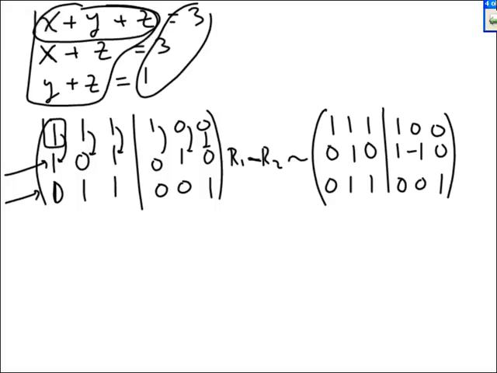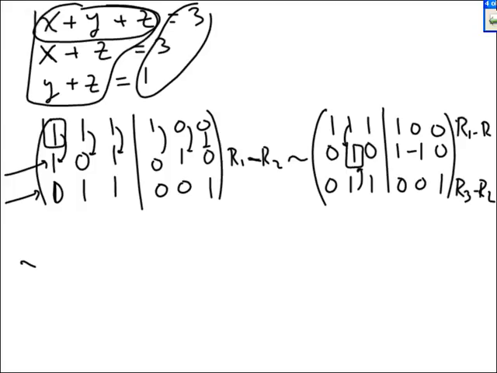Now we need to deal with getting zeros above and below the first non-zero entry in row 2. Well, they're all 1s. All 3 entries are 1. We'll just do row 1 minus row 2. After all, 1 minus 1 is 0. And we'll do row 3 minus row 2. After all, 1 minus 1 is 0.